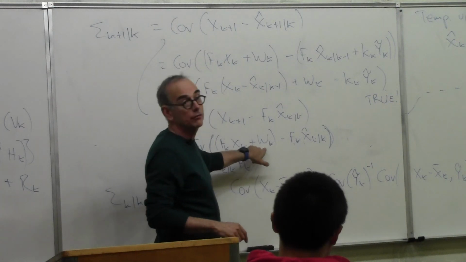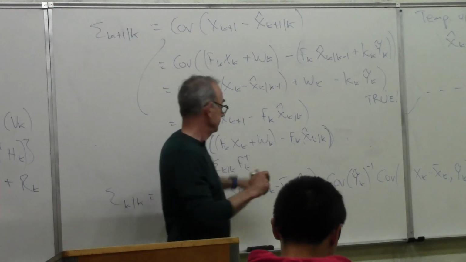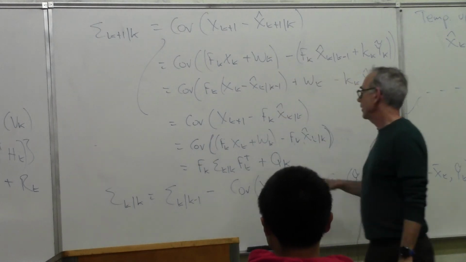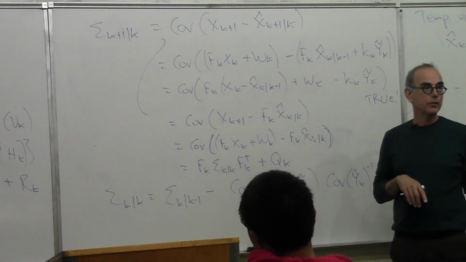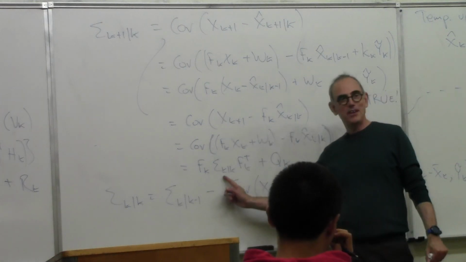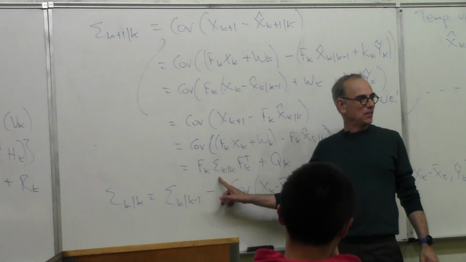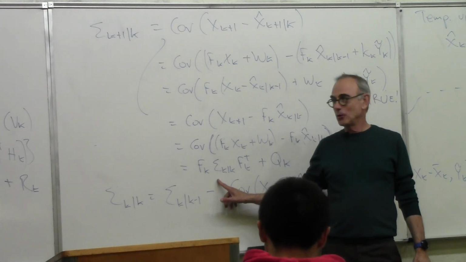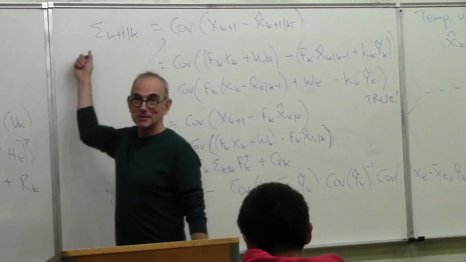And then I get the covariance of w_k, which is what we called Q_k. That's what we defined. And then you take this monster and stick it in there, and you get this horrific recursive equation for the covariance.